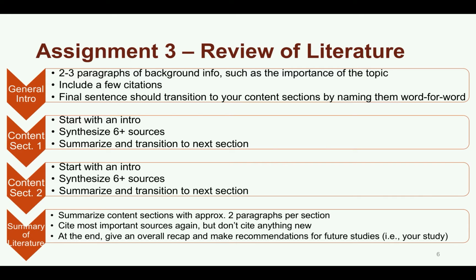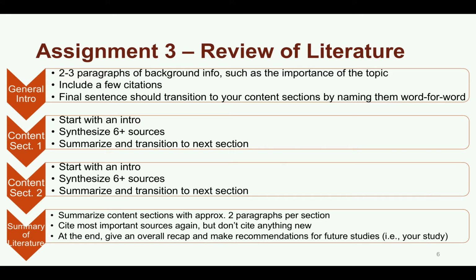The content sections should each start with an introduction, synthesize at least 6 sources, basically what you did for assignment 2, and then summarize and transition to the next section. In the final section, the summary of literature, you're just recapping each of the content sections with approximately 2 paragraphs dedicated to each of your content sections.